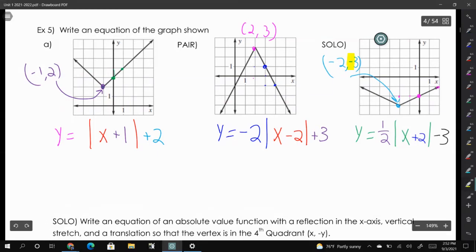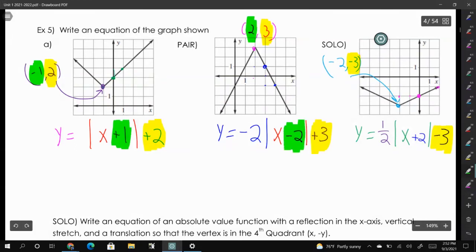You can see that -3, -3, +3, +3, +2, +2, and then -1, +1, +2, -2, -2, -2, +2. So you use that highlighting to help you out if you need to at first.